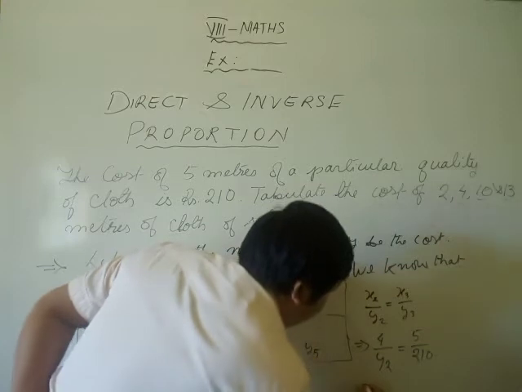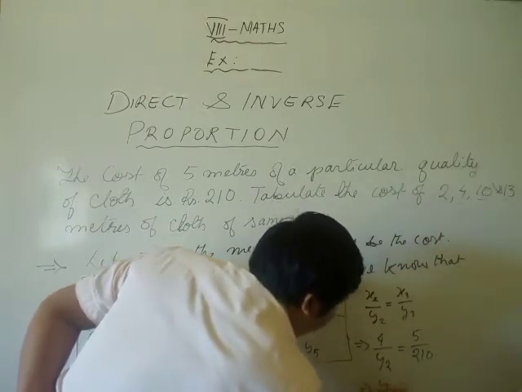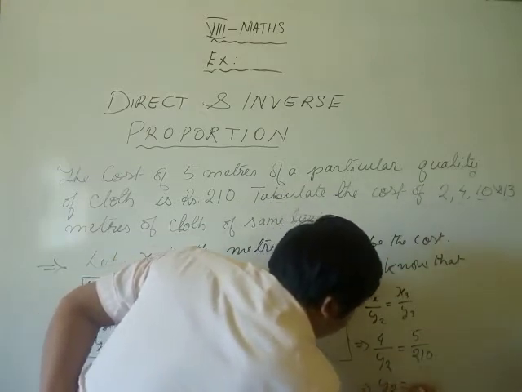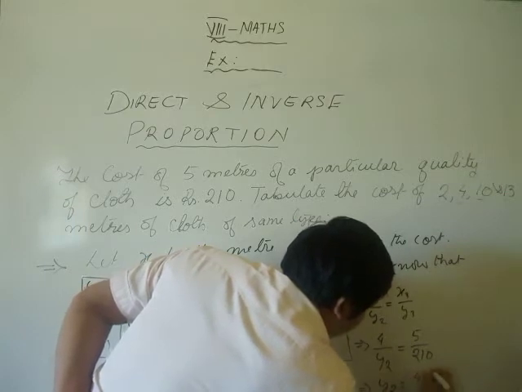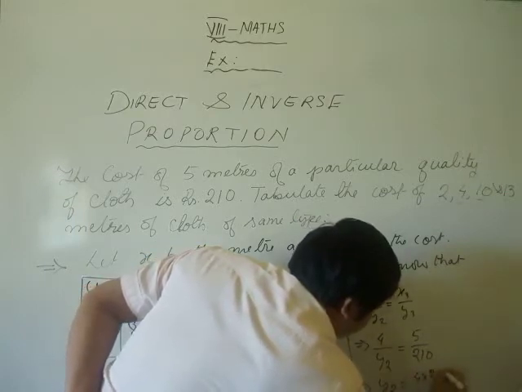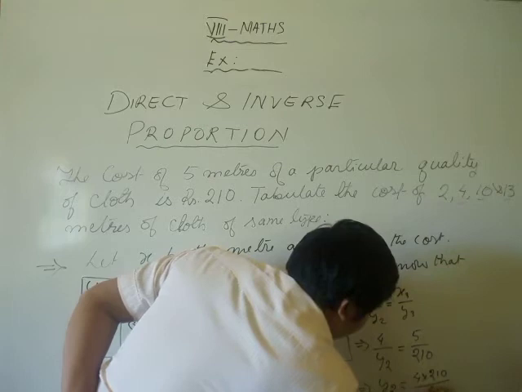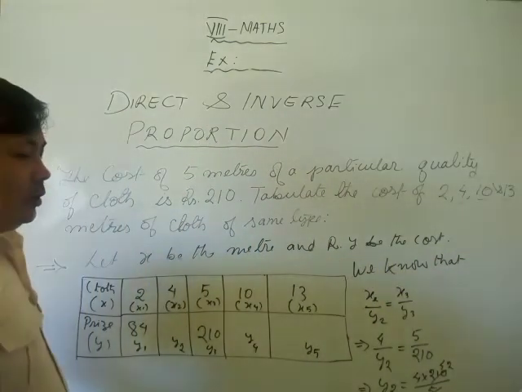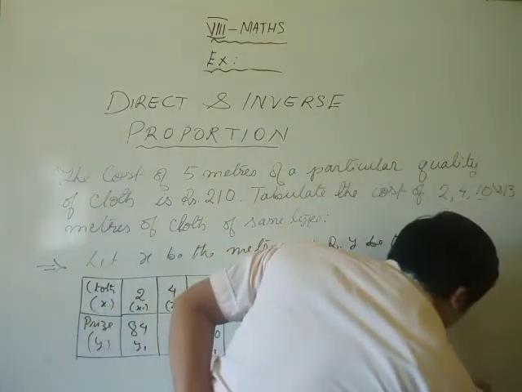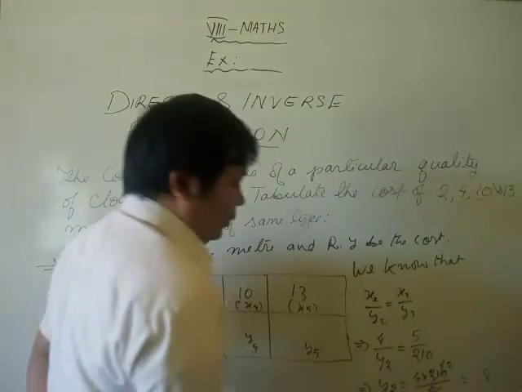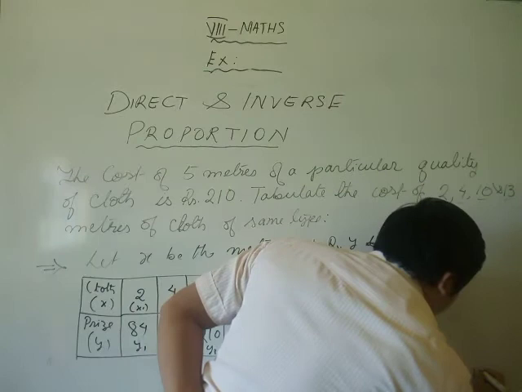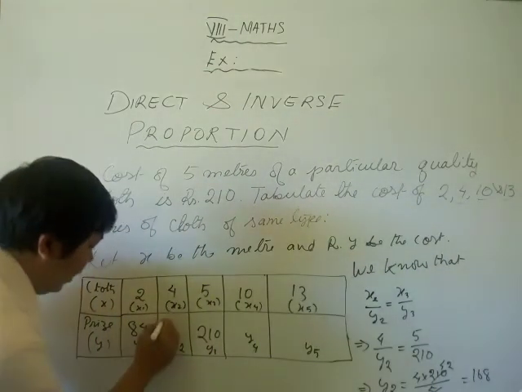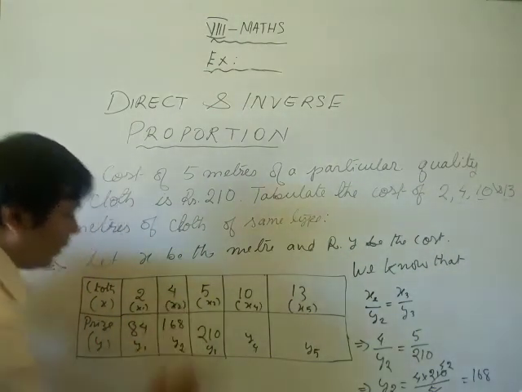That implies y2 is equal to 4 into 210 by 5. 42 fours, how much do we get? 4 eights are 32, 4 fours are 16, so 168. Here you get 168.